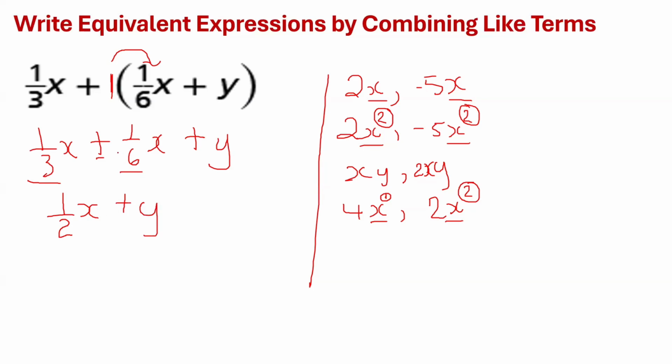So we just learned how to write an equivalent expression by combining like terms. This would be my equivalent expression. This expression has the same value as the original expression that we were given in the problem. And that is how you combine like terms and write an equivalent expression.